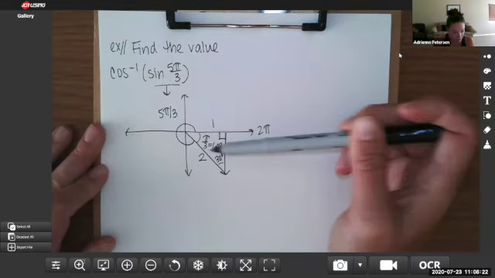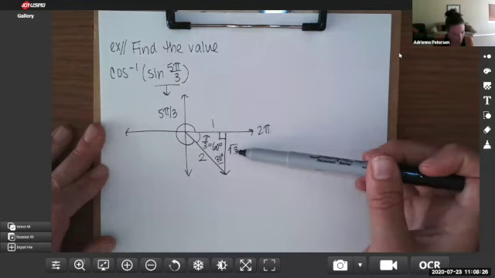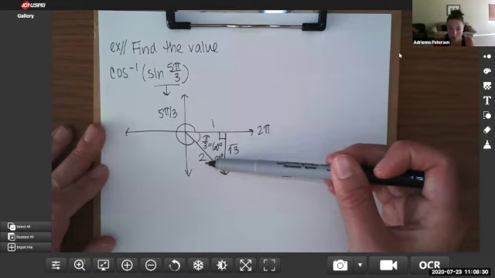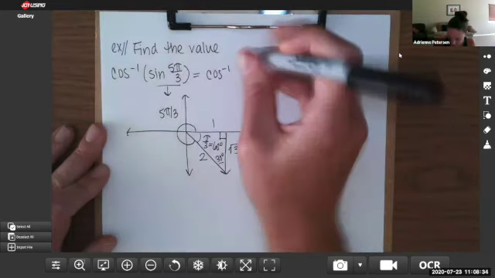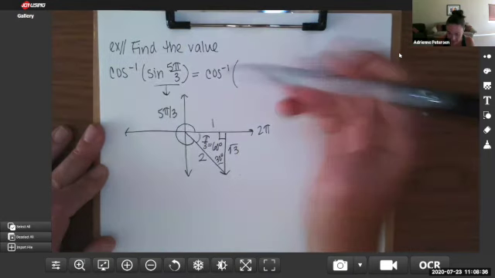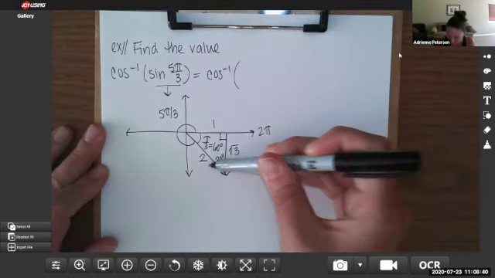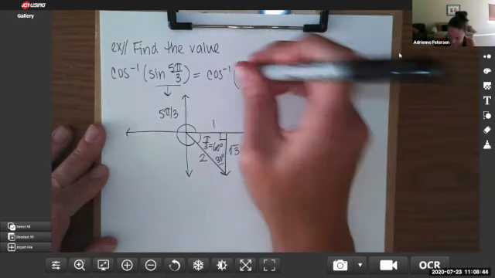So here's our picture. Sine is opposite over hypotenuse, and sine in the 4th quadrant is negative. So we just figured out, opposite over hypotenuse, √3/2, and sine is negative.